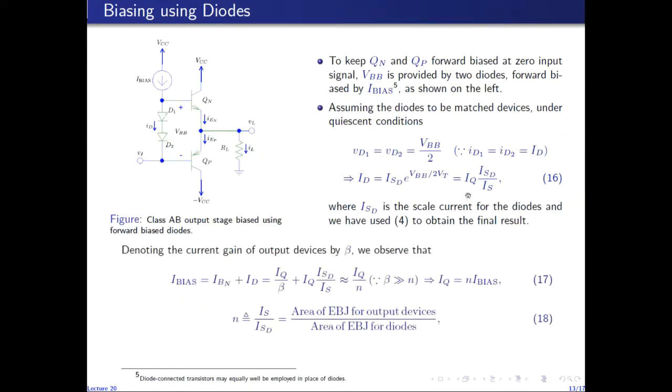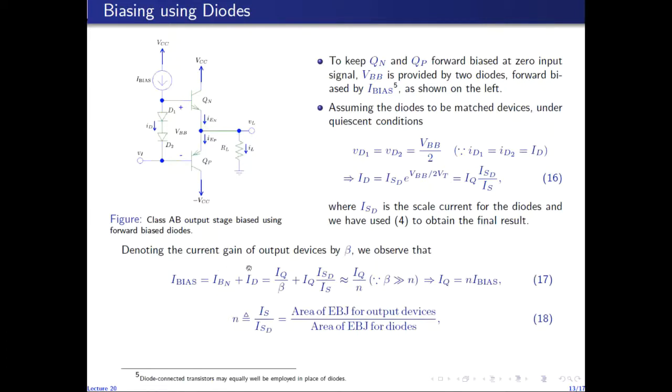So from this equation 16, you can see that the quiescent current can be set by the relative size of the diode with respect to the output devices, because the scale current depends on the emitter-base junction area of the device. So the quiescent current is set by this relative size of the diode with respect to the output devices and the diode current.